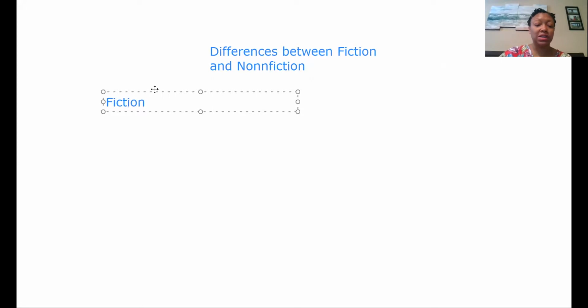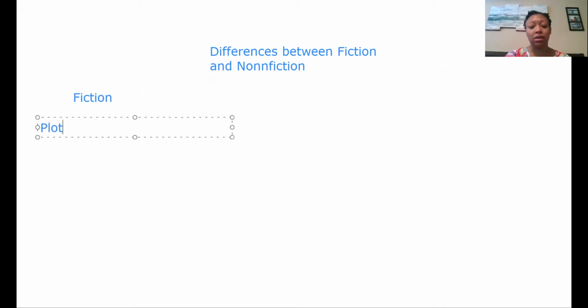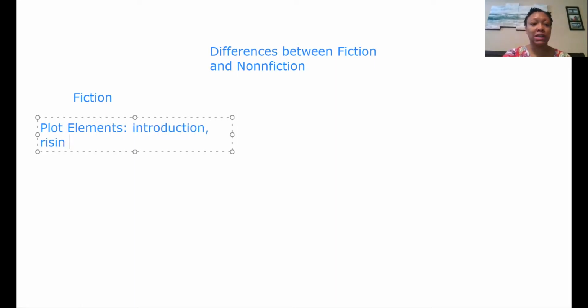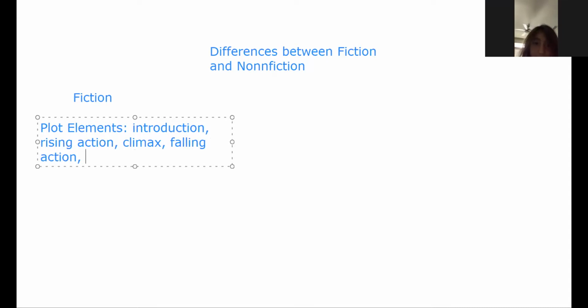So with fiction, there are specific things that we look for every single time that we're looking at a fiction text. One of them is that we're always looking at the plot element. And those are our introduction, rising action, climax, falling action, and our resolution.